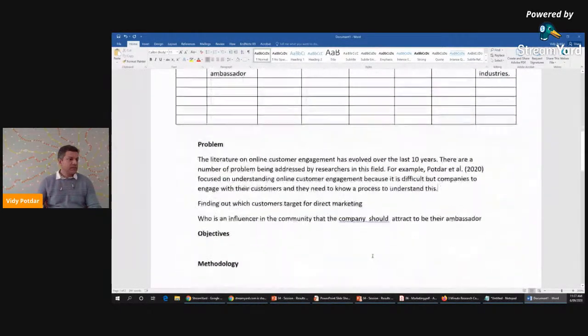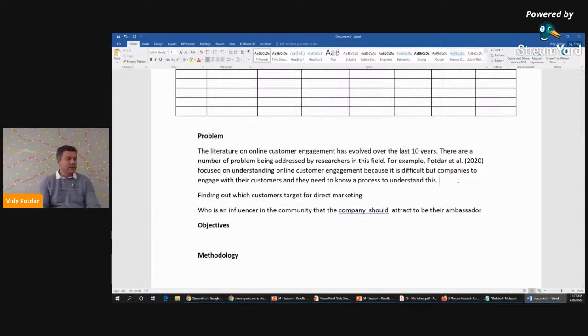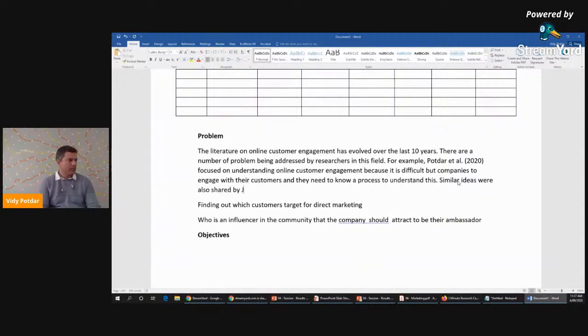So if this was one problem here, then I could say that similar ideas were also shared by John et al. 2019, where it was mentioned that something, whatever that thing is. And then add some joining sentences in between to connect one problem to the other.